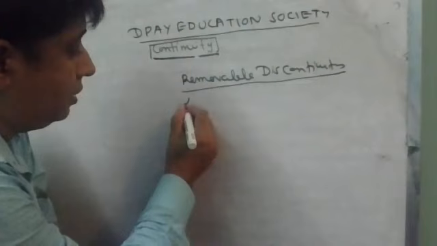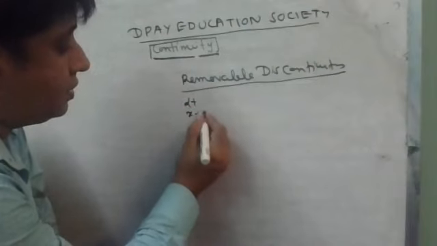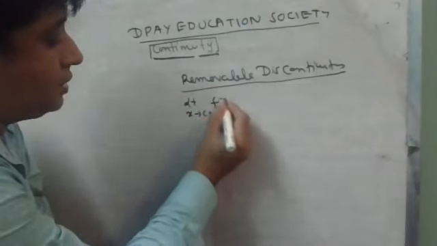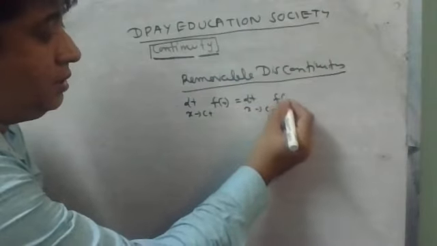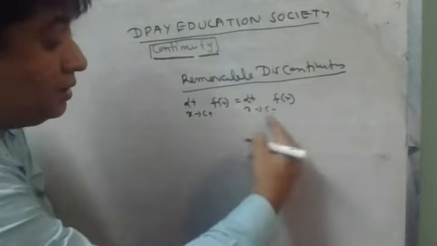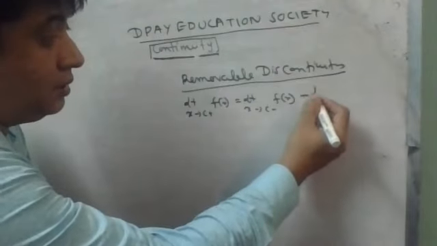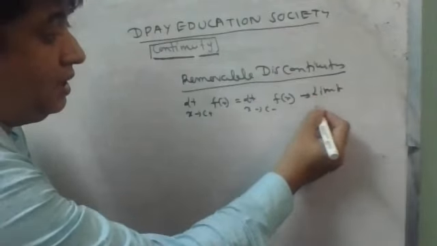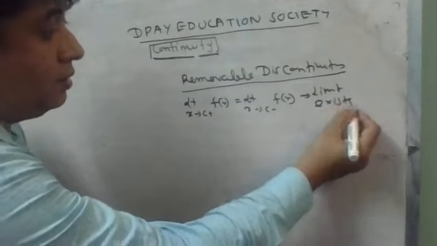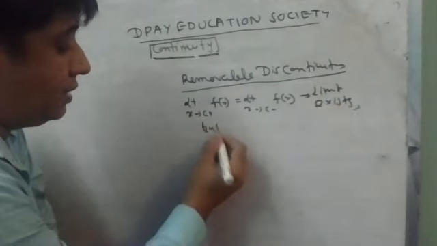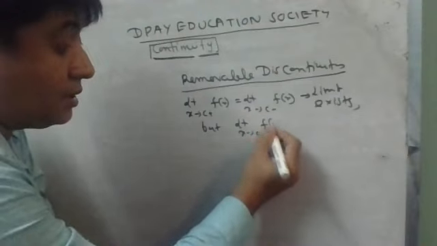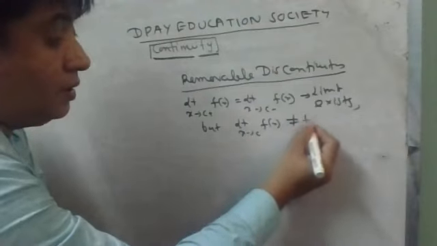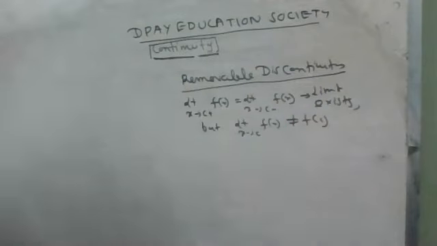That means limit x tends to c plus f(x) is equal to limit x tends to c minus f(x), so the limit exists, but limit x tends to c f(x) is not equal to f(c).